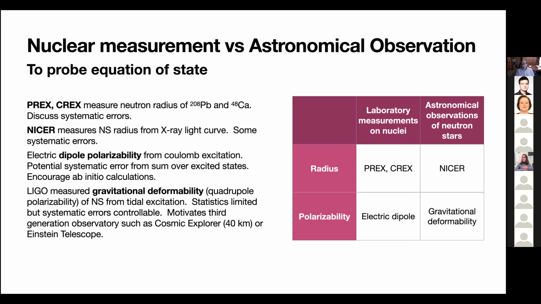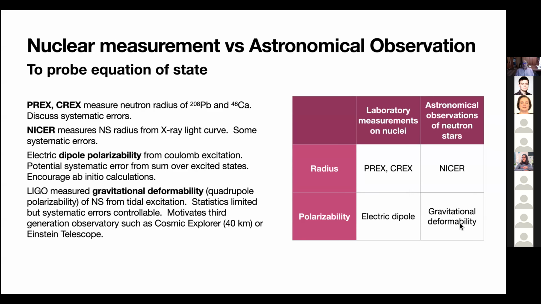So it's believed one can measure the quadrupole deformability, the polarizability, or the gravitational deformability of a neutron star with small statistical errors.